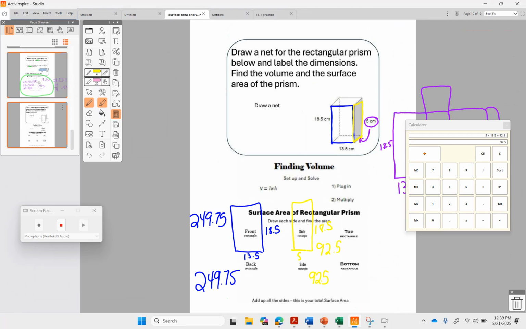And then we have the top and the bottom. And the top, if this is 13.5, then this is 13.5. And if this is 5, then that's 5. And there are 2 of those.